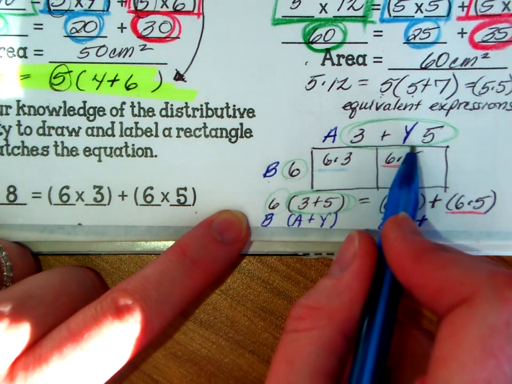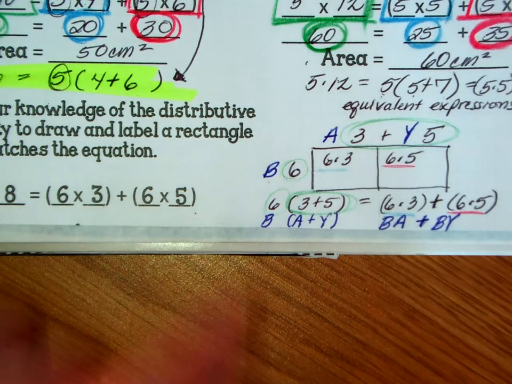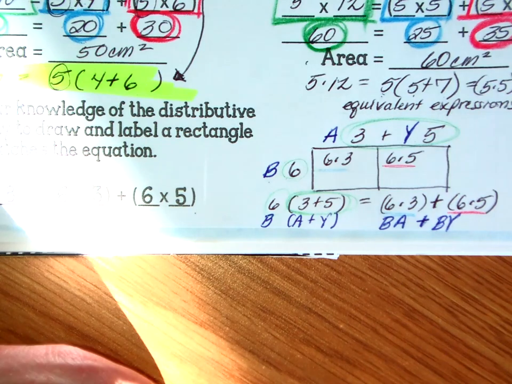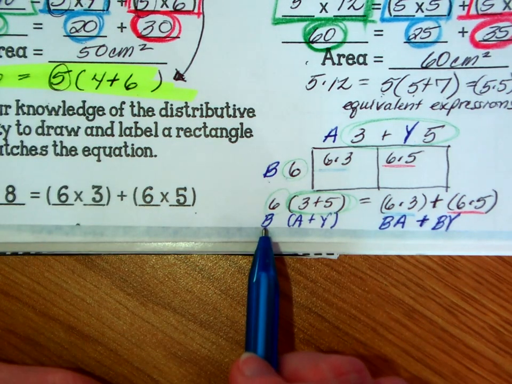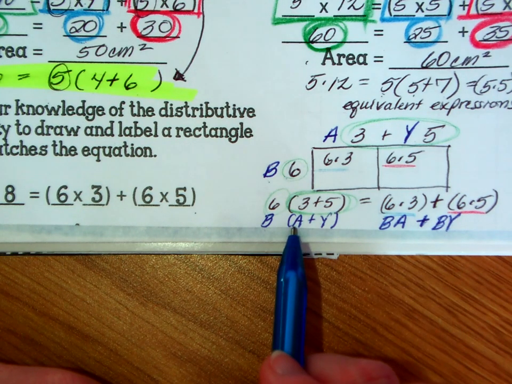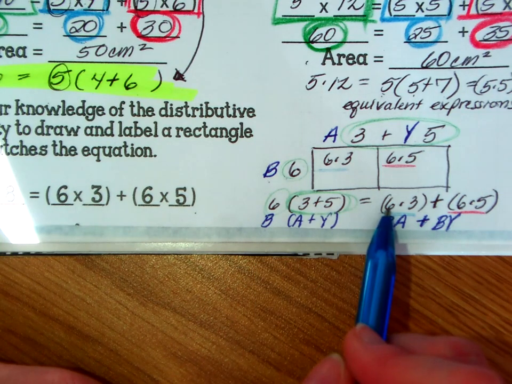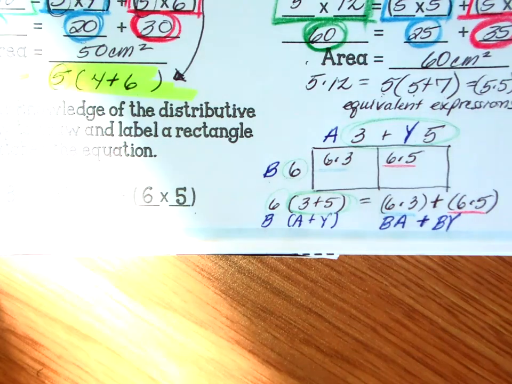B times Y. And that is where the BABY shortcut idea comes from. B, the common factor, is multiplied by the sum of A plus Y, or you can distribute that common factor to the other factors and get BA plus BY.